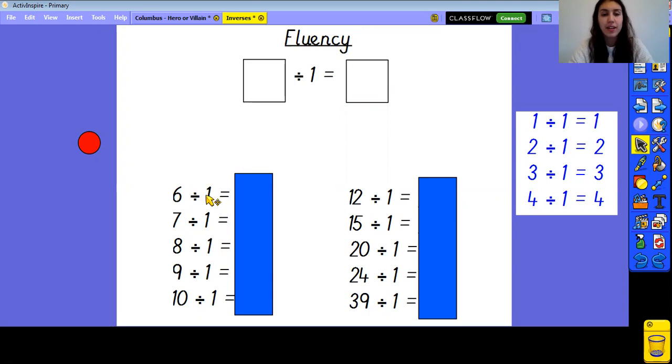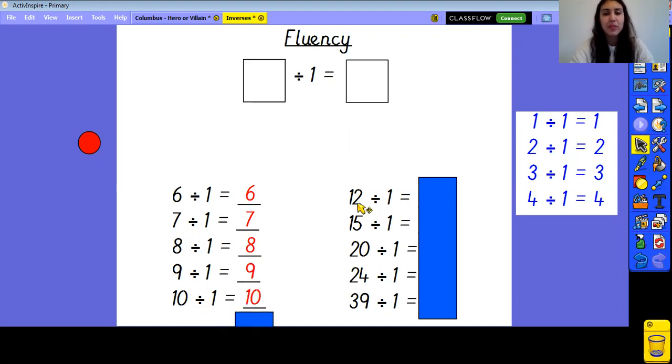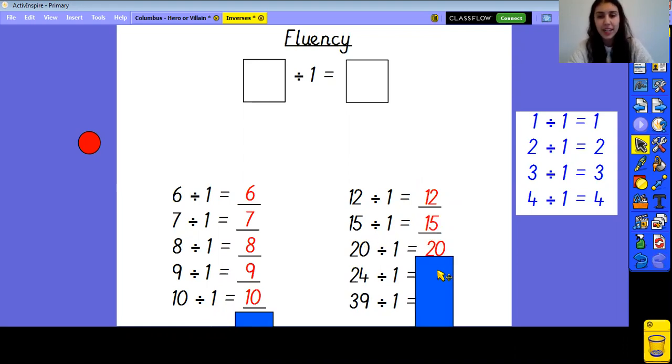So 6 divided by 1 would be 6. 7 divided by 1 would be 7. 8 divided by 1 would be 8. 9 divided by 1 would be 9. 10 divided by 1 would be 10. 12 divided by 1 would be 12. 15 divided by 1 would be 15. 20 divided by 1 would be 20. 24 divided by 1 would be 24. 39 divided by 1 would be 39.